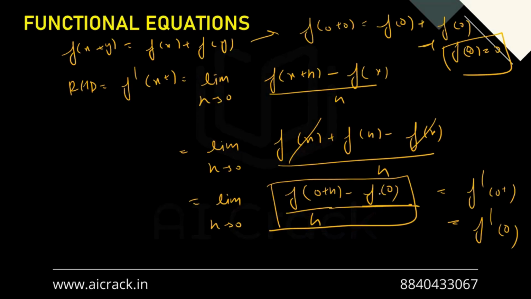But the thing is, you have to find out only those values for which we are targeting f dash. We were targeting f dash 0 over here, so that's why we found out the value of f0. If we were targeting f of 1 plus h, in that case, then we would have targeted f of 1 over here, right? But in this case, we wanted f0 over there because that made perfect sense for this to become f dash 0, right? Now f dash 0 is nothing but a constant number, let's say k.